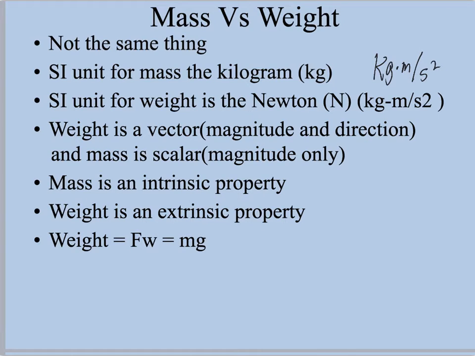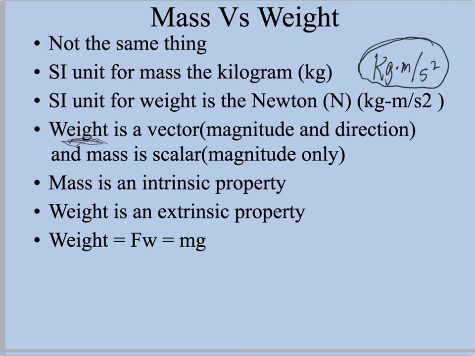That's what a Newton is, but it's certainly much easier to write a capital N than writing all that, but that is what it represents. Weight is a vector quantity. It has magnitude with direction. Mass is not a vector quantity. It's scalar only, and it's magnitude.